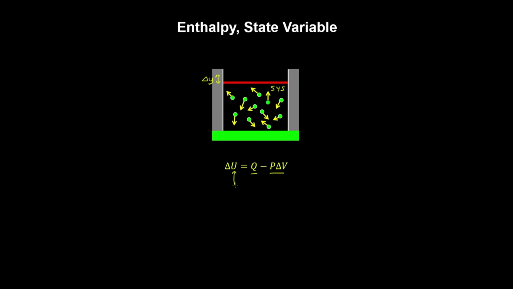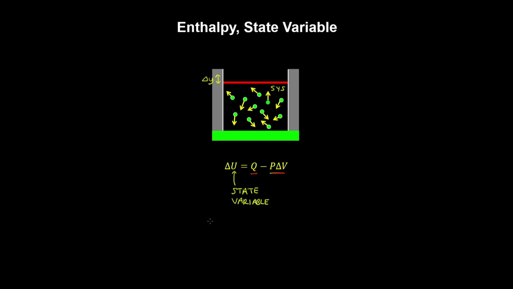And the internal energy is a state variable because it only depends on the initial and final state of the system, not on the process that brought the system from the initial to the final state. Whereas the heat and work are not state variables because they depend on the process.